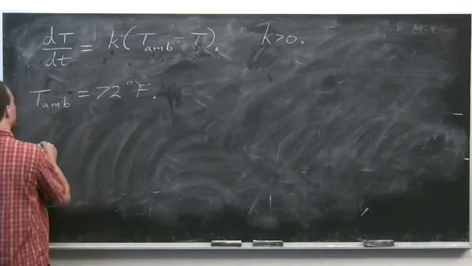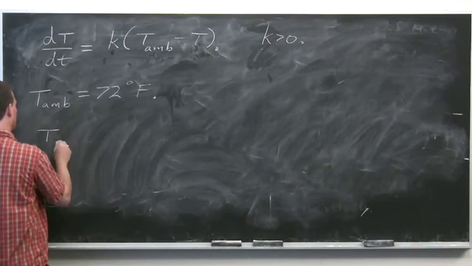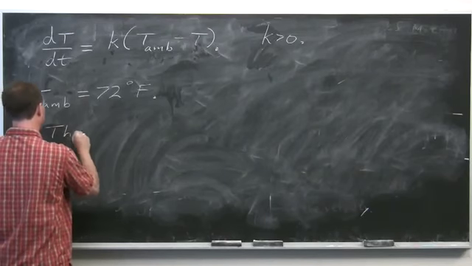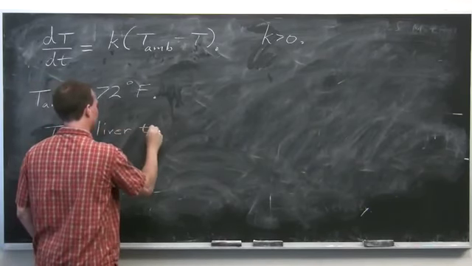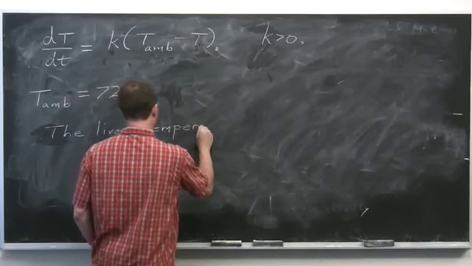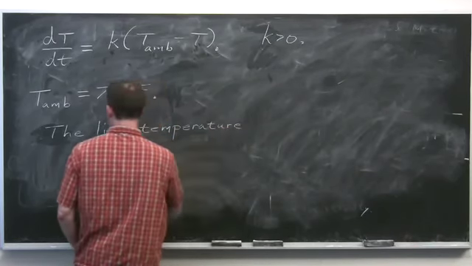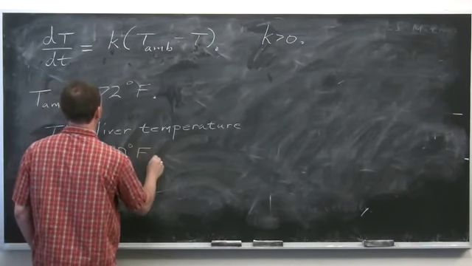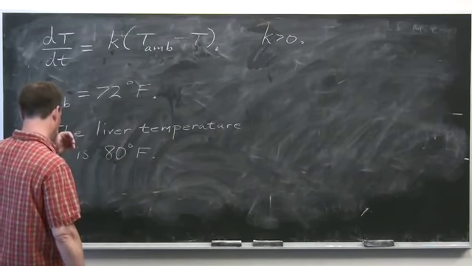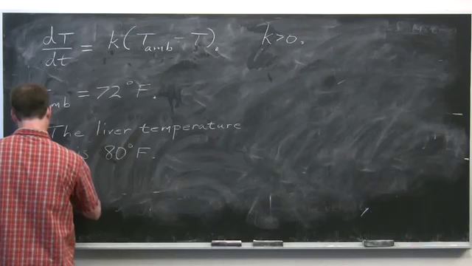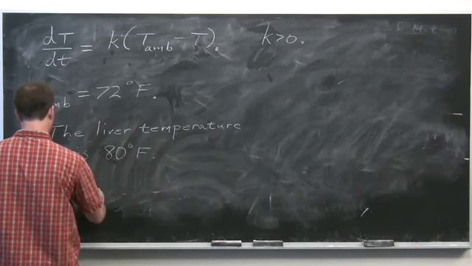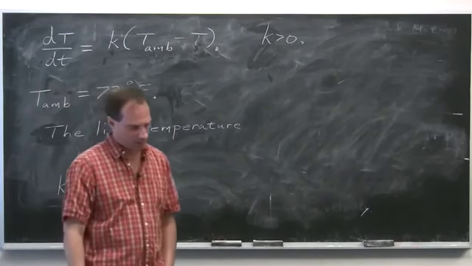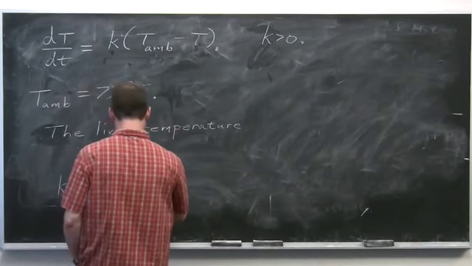We're going to assume that we find the liver temperature at the time we find the corpse is 80 degrees Fahrenheit. The value of K, we're going to assume this is approximate, but it's 0.08. I think that's right. Yeah, 0.08 per hour.